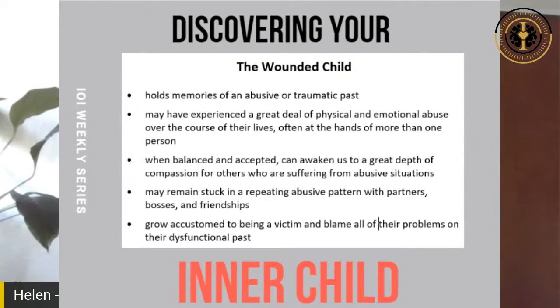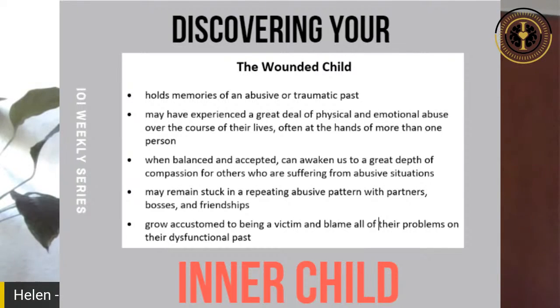So the next one is the wounded child. And this is a child that holds memories of a traumatic or an abusive past. And this may have happened right over the course of their lives and often at the hands of more than one person. So when they're balanced, they are an incredibly compassionate and caring person who is really willing to do whatever it takes to help people who have suffered at the hands of abuse themselves and help them overcome it.